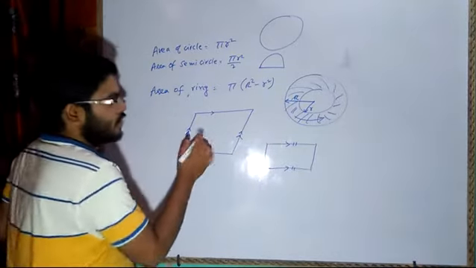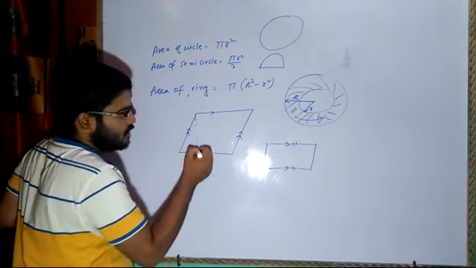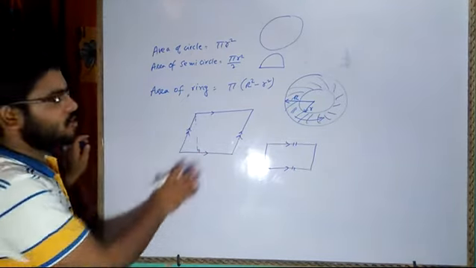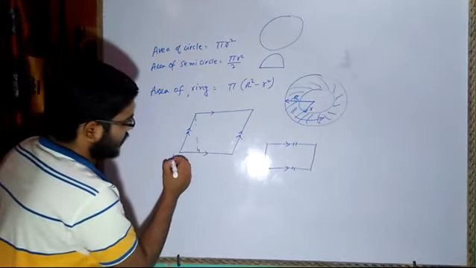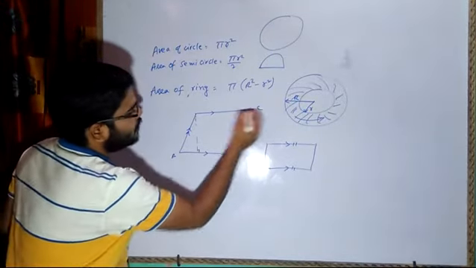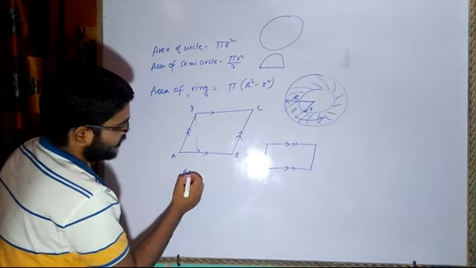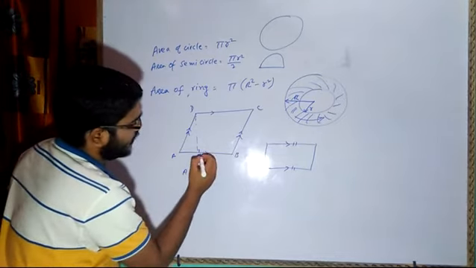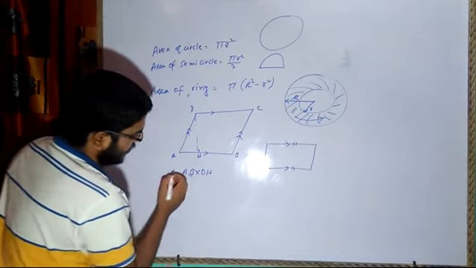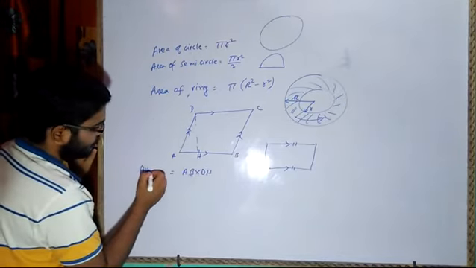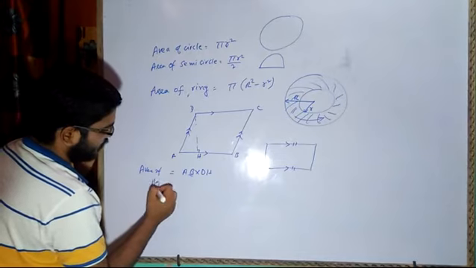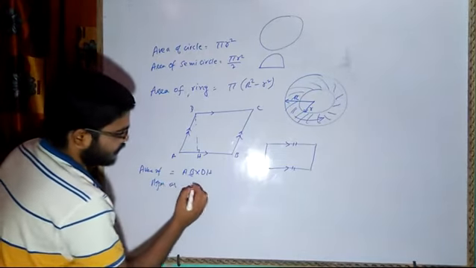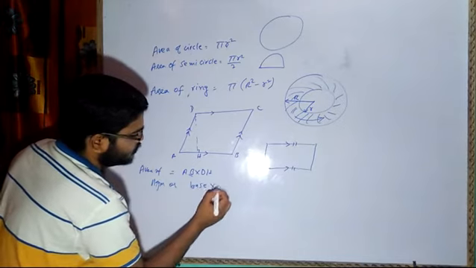Now to find out the area of this figure, what we need is, we need the distance between any of the two parallel lines. So area will be equal to, area of parallelogram will be equal to AB into DH. That means area of parallelogram is equal to AB into DH, or you say base into height.